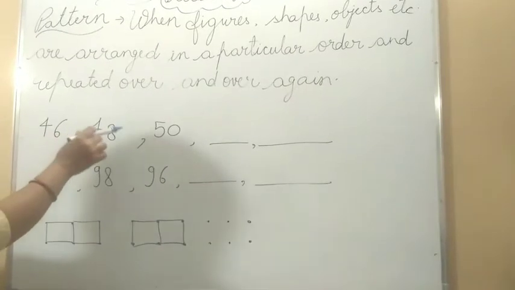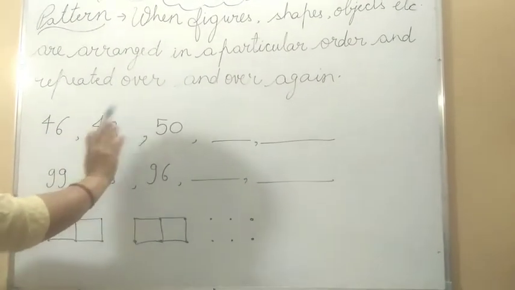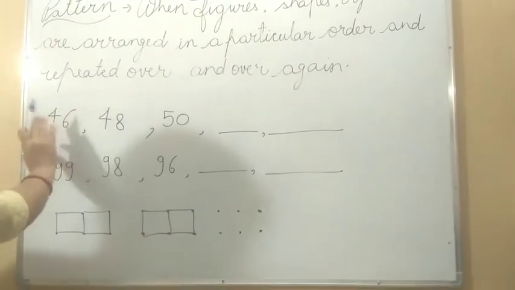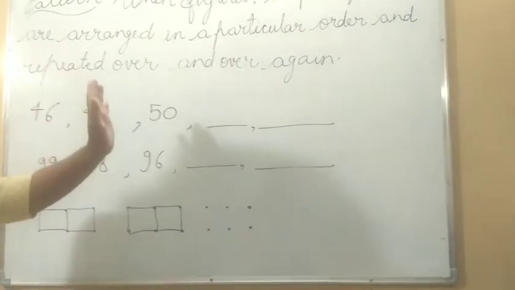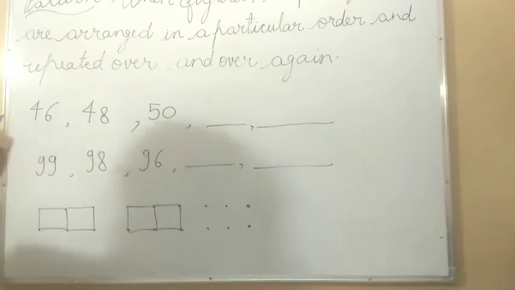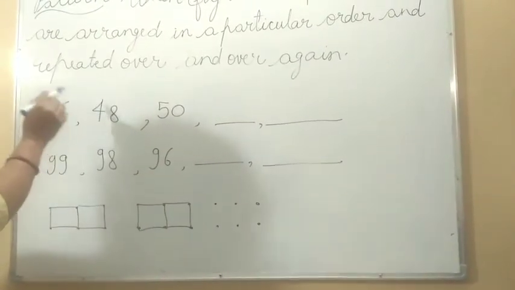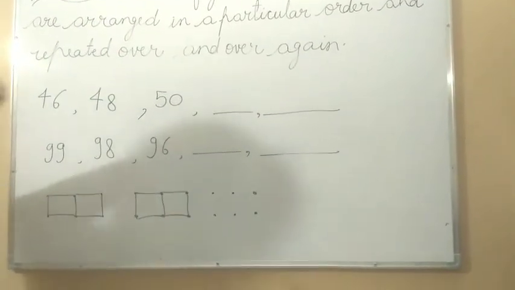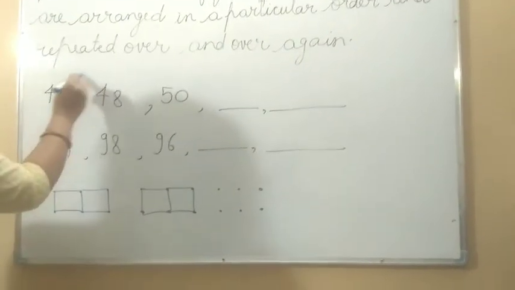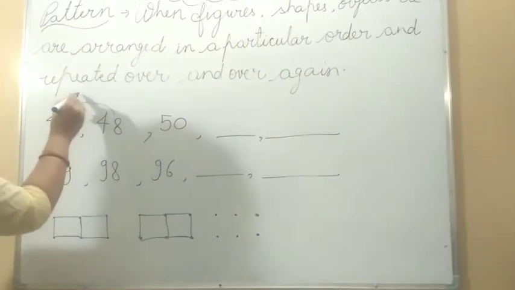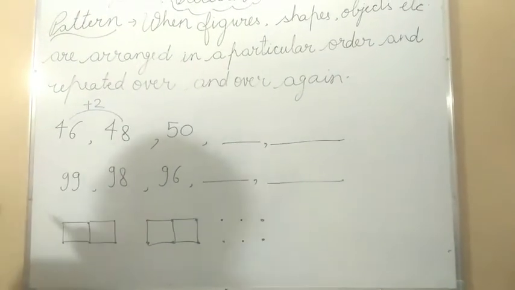These numbers are increasing step by step. How much distance is there between them? How much is it increasing per step? 46, after 47, comes 48. So two steps. It means we have to add 2.